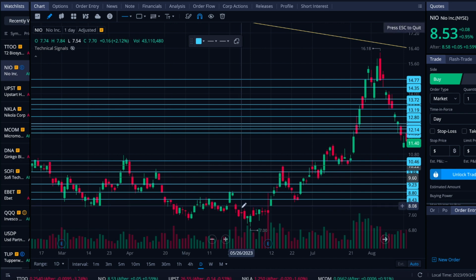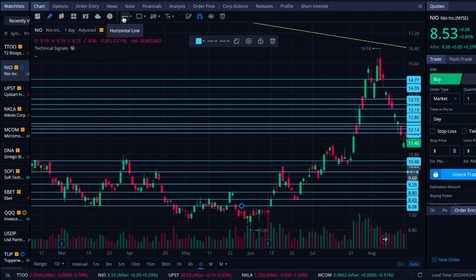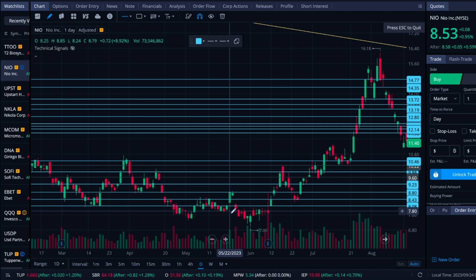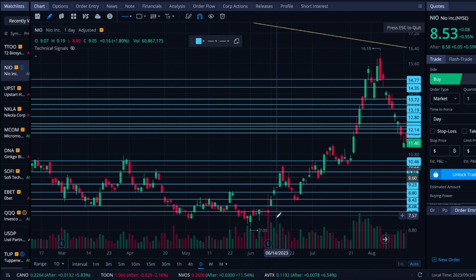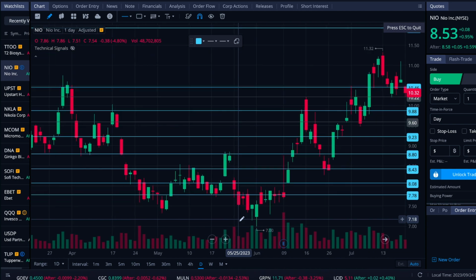It's going to be quite a few, because it was on the move in this range and kept shifting up and down. The roller coaster will end up giving you quite a few levels, which is going to look cluttered on the daily. We have to admit that, but when you zoom in, it's going to look okay. 778, and let's see.